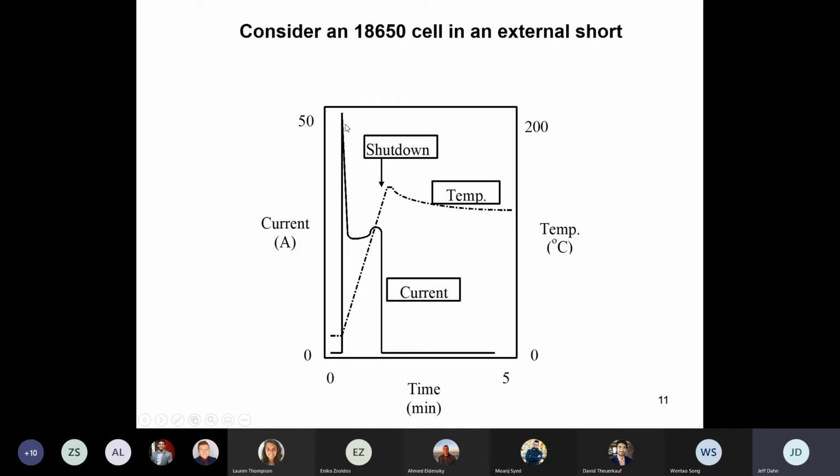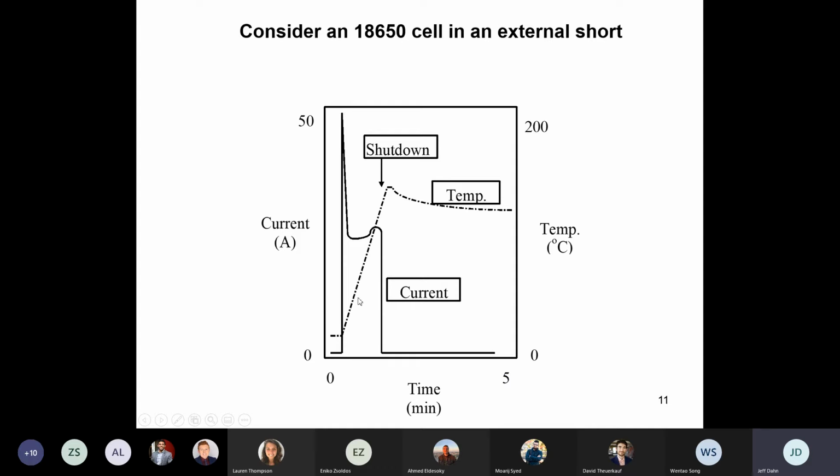The typical 18650 cell will deliver 50 amps. Oh, some of you may not know what this means. It means 18 millimeter diameter and 65 millimeter length. It's about the size of your index finger. It'll deliver 50 amps for a brief period of time.